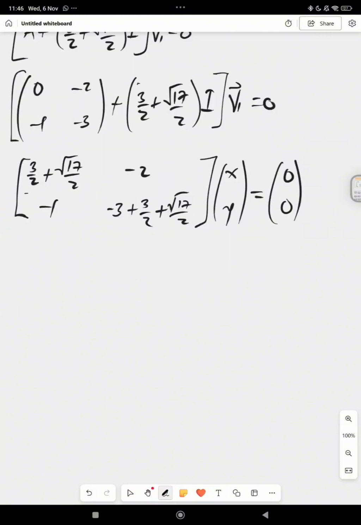Always use the first line to multiply your vector. That's all we need.